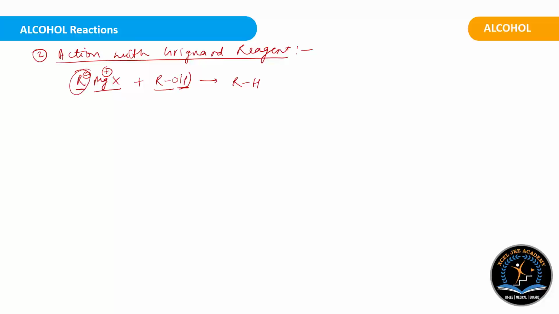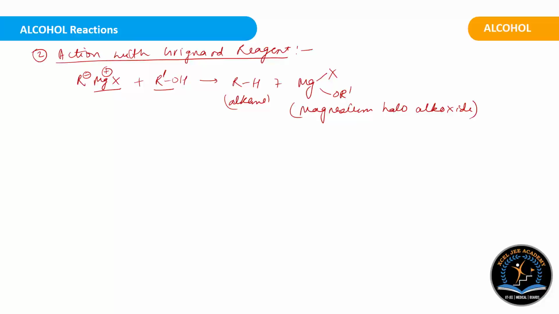Along with that we will be having the Mg, which will be combined with X, which is already there, and OR dash. So RH is an alkane. Along with that, the other product which we have produced is referred to as magnesium haloalkoxide.